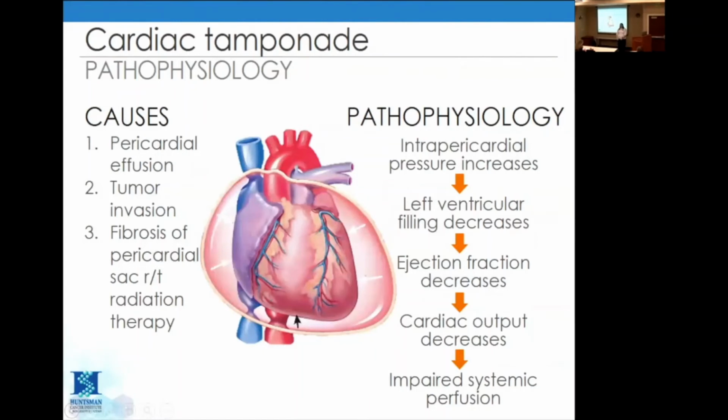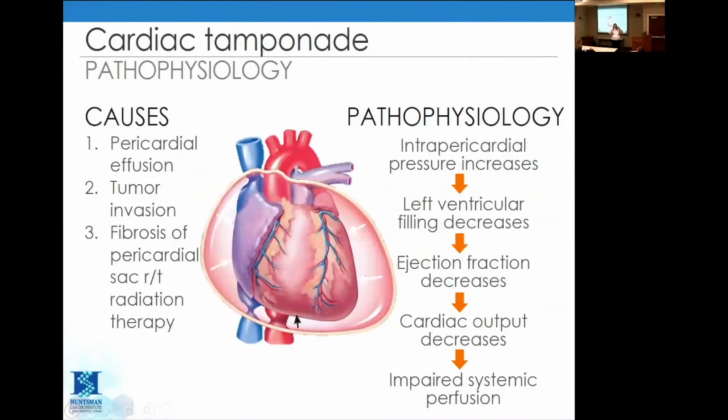What is the difference, riddle me this, between pericardial effusion and pericardial tamponade? The resulting effect on the heart. It has nothing to do with timing, it has nothing to do with volume. In a pericardial effusion, there's too much fluid in your pericardial sac, but your heart can compensate.